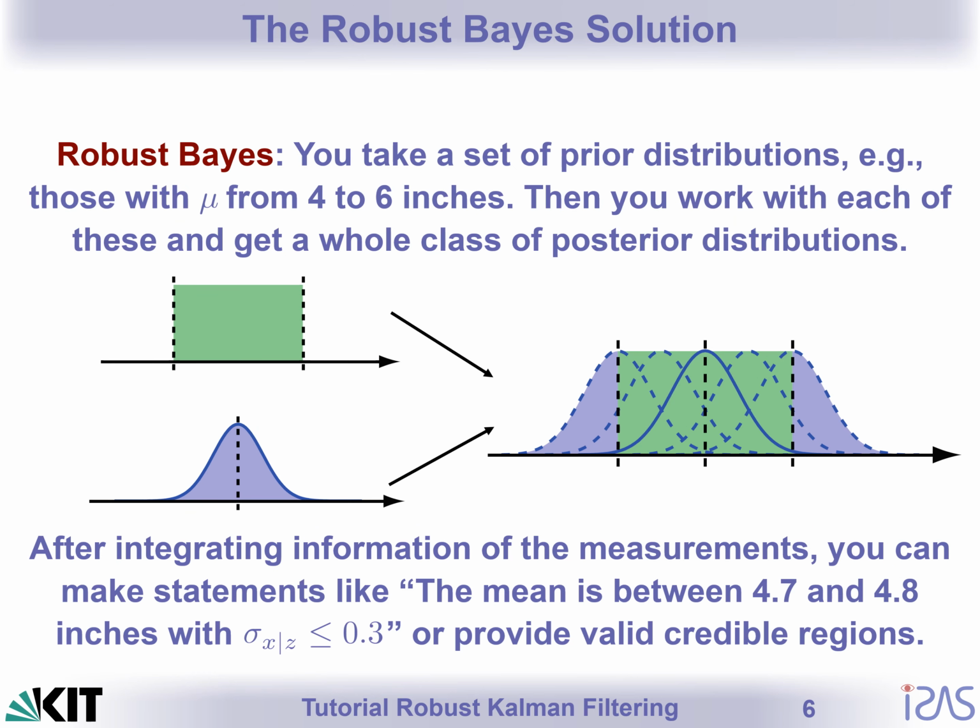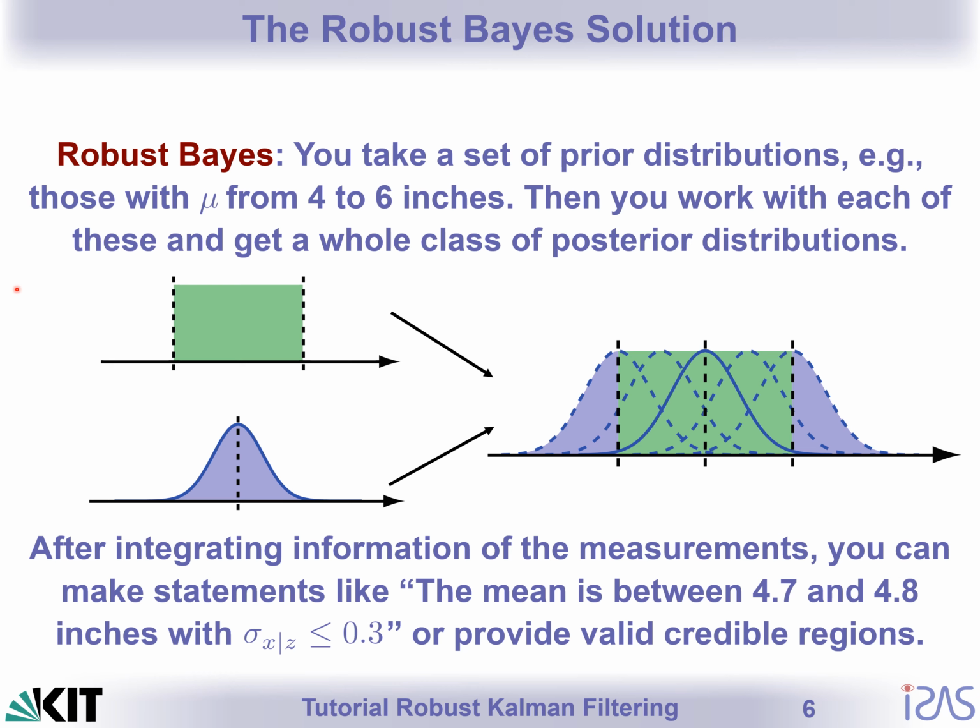So the robust Bayes solutions, maybe not many of you have chosen to go that way, but there you just take a set of prior distributions, say that the mu is somewhere in between 5 and 6 inches, and you work with all of these. Then you have an entire set of these prior distributions. Here, that is your mu value, that is 4 to 6 inches here, and this is your stochastic uncertainty, of which you know the sigma parameter.